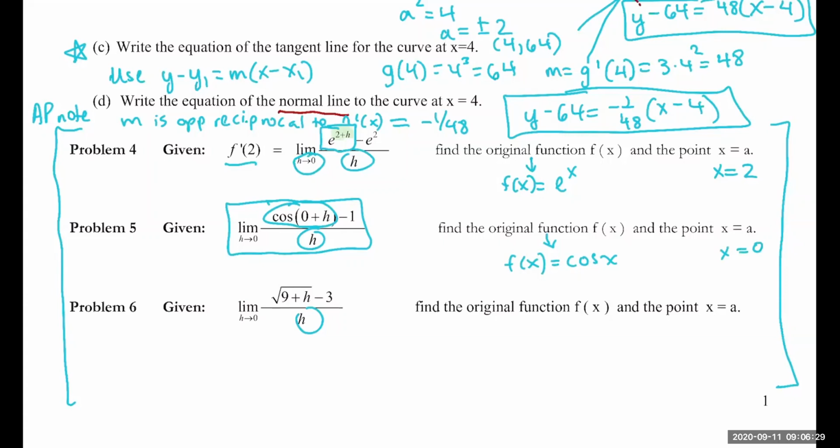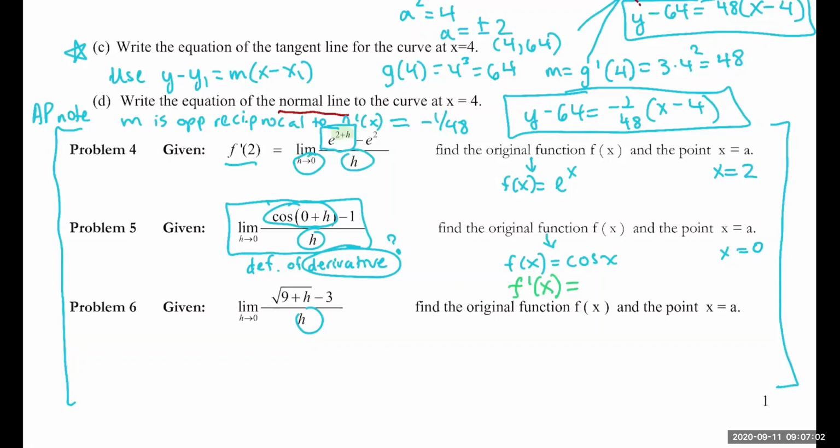And so now to fully answer this question, if this is the definition of the derivative, the question is really asking you guys, what is the derivative? Once I figure out my original equation, I'm actually going to answer the question this time. My question is really asking, what is f prime of x? Any ideas what f prime of x is for this problem? Does anyone know what the derivative of cosine of x is?